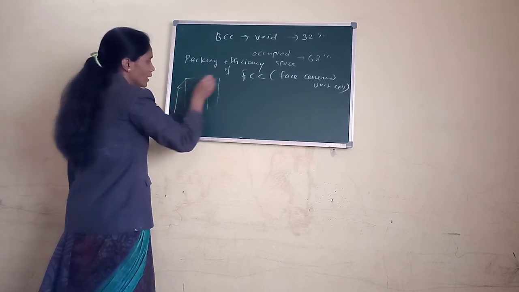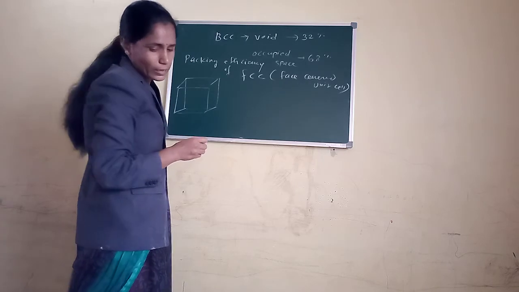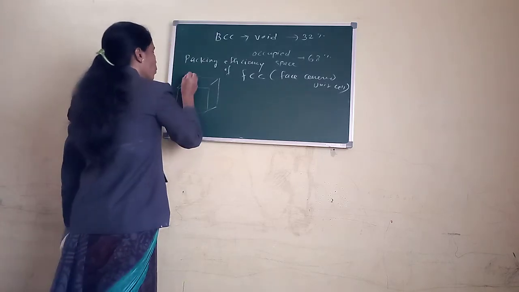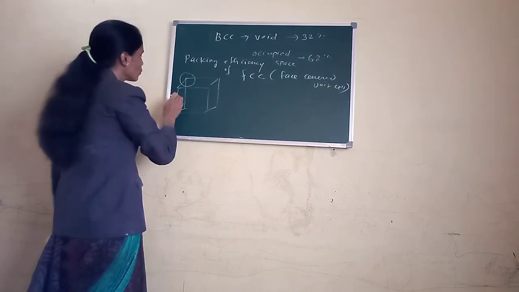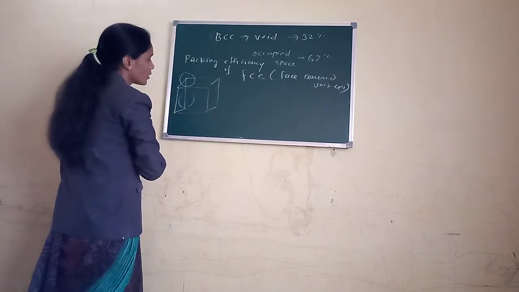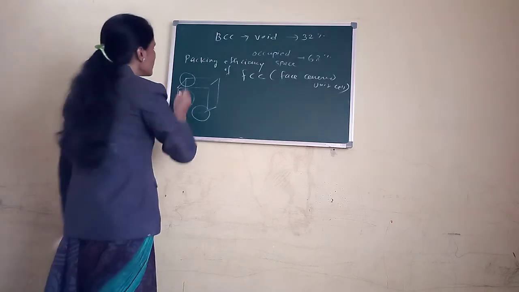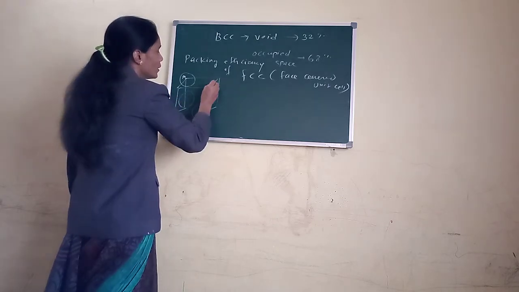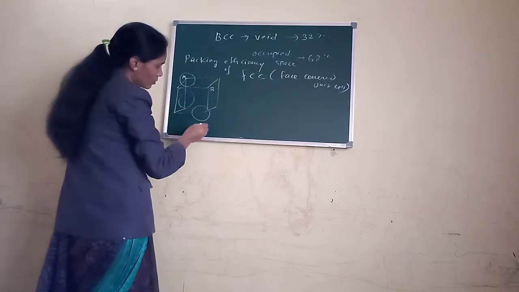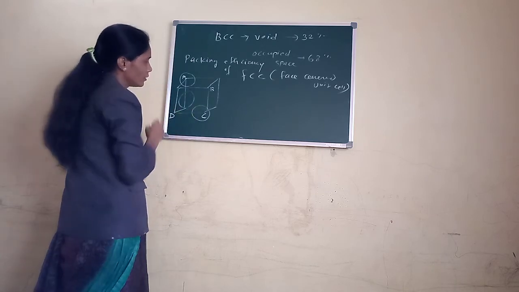This is the unit cell. For calculation, we draw only 3 spheres. One sphere is on a face and another is on a corner: A, B, C and D.